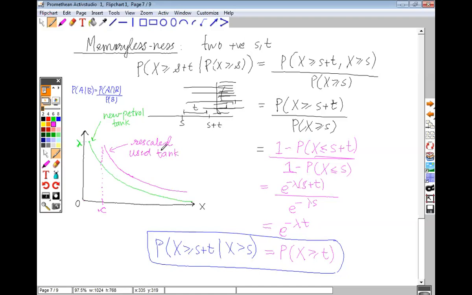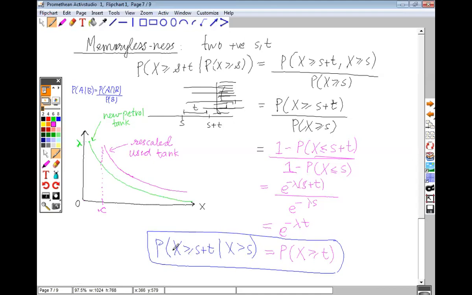Okay. And when I'm saying that this exponential distribution has the memoryless property, what I mean is that this green graph and this pink graph are both equivalent in terms of the remaining time for the petrol to be emptied completely. What happened previously does not in any way define what's going to happen in the future.